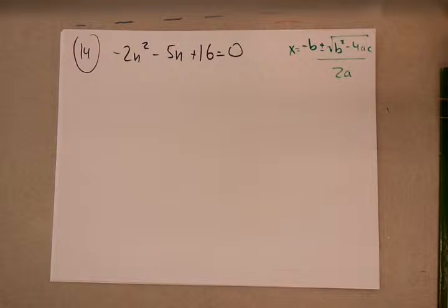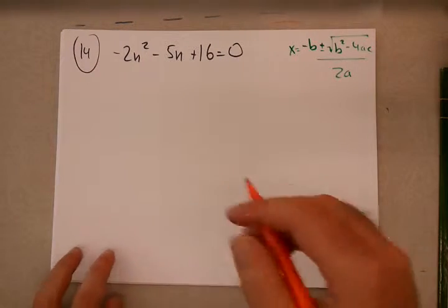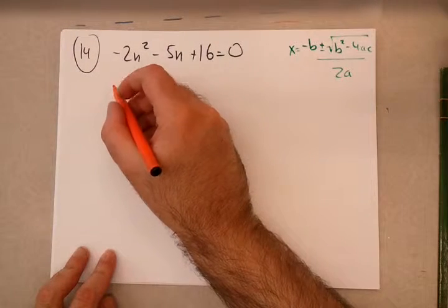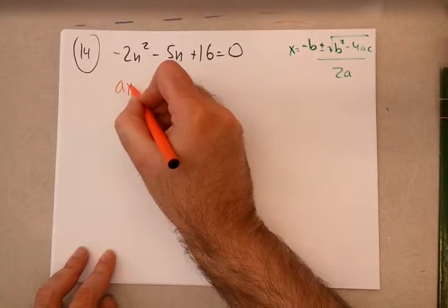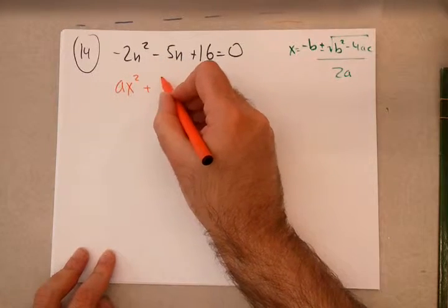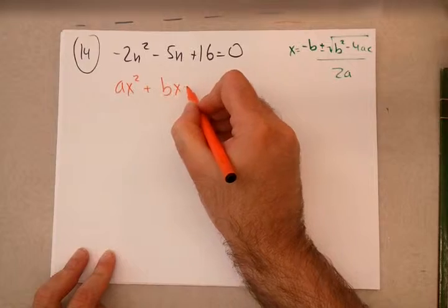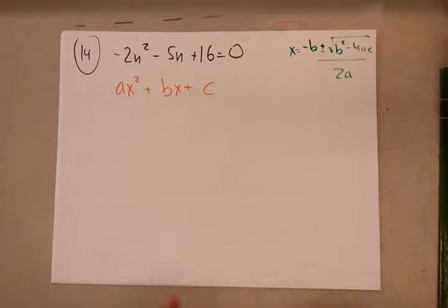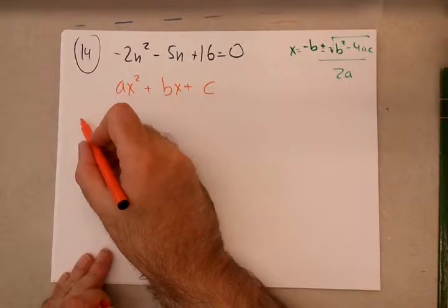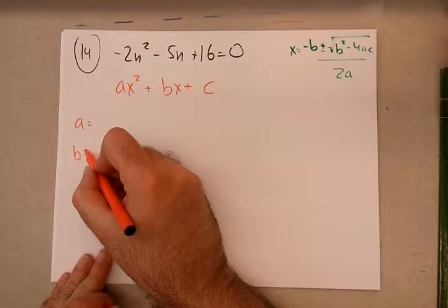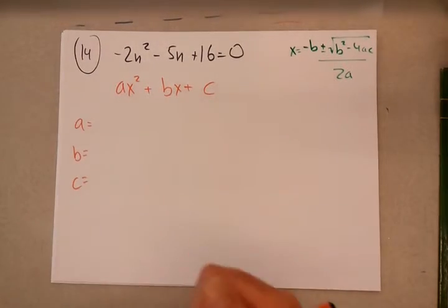So I'm going to write out the standard form of the quadratic equation again. It's ax squared plus b times x plus c. So our job is to find a, to find b, and then to find c.